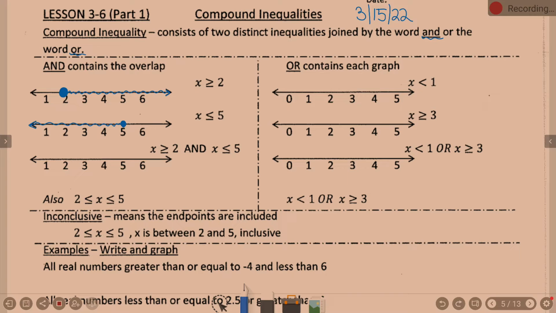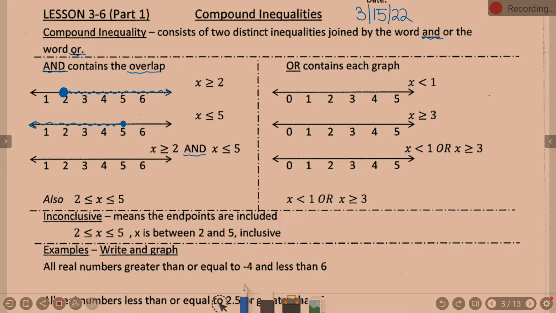Okay, hold on a second. On the same graph, we want x greater than or equal to 2 and x less than or equal to 5. The word and or the word or makes a big difference in how we think. Notice the word and connects. It says it contains the overlap.